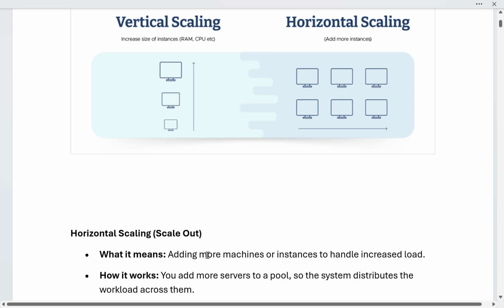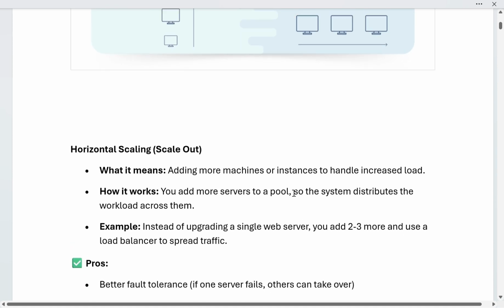How it works: you add more servers to a pool so that the system distributes the workload across them. Suppose there is 1 GB of data and one machine, then 2 GB of data comes. If we have increased to two machines, the load will be distributed across both machines. This is called horizontal scaling.